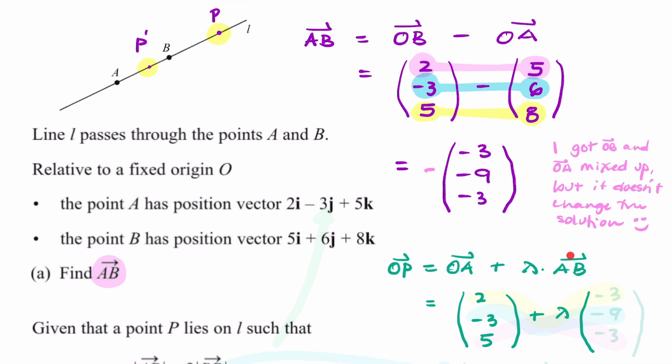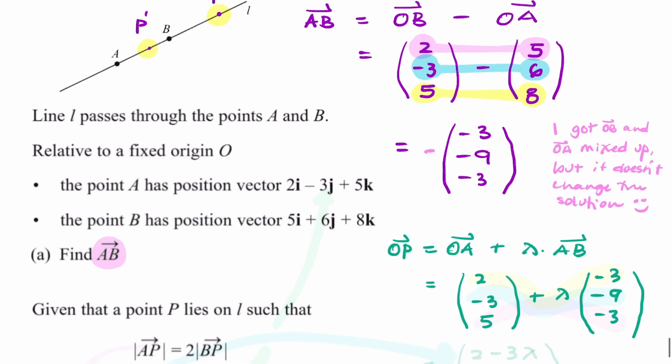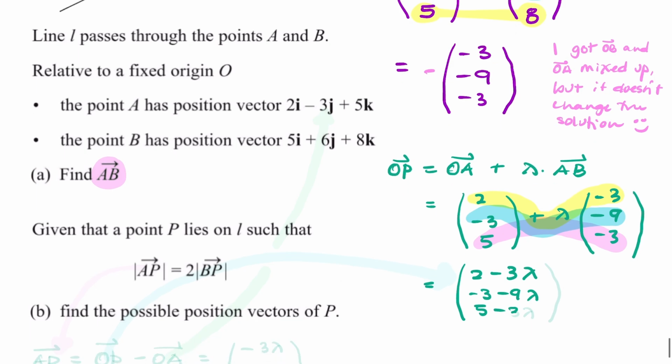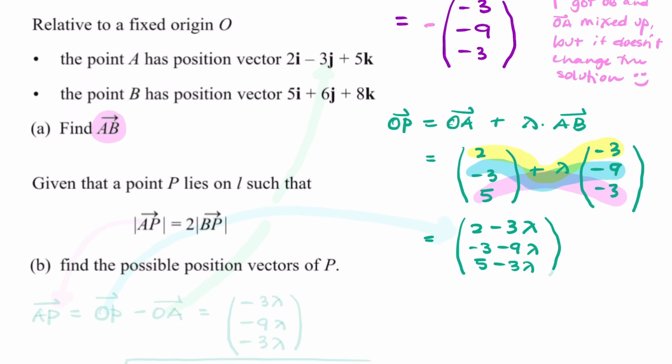And AB we just found to be -3, -9, -3. So we can write OP as 2 minus 3 lambda. So I'm simply adding the I, J, and K components together. So -3 minus 9 lambda and 5 minus 3 lambda. So that's OP.